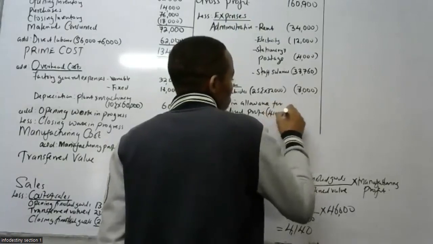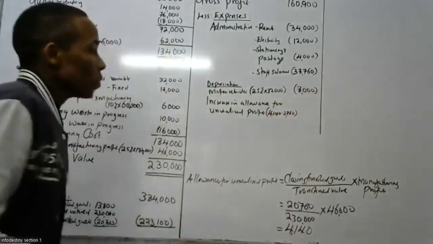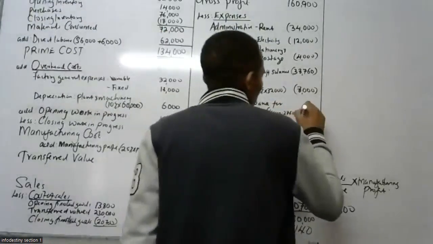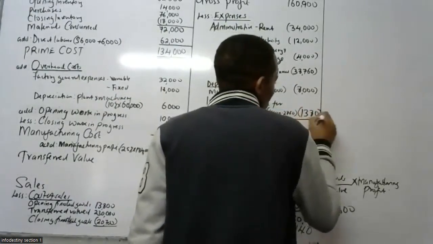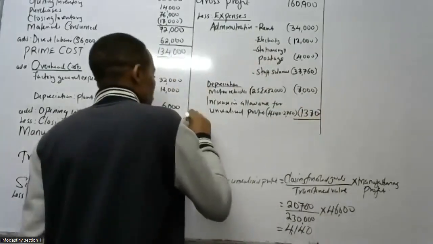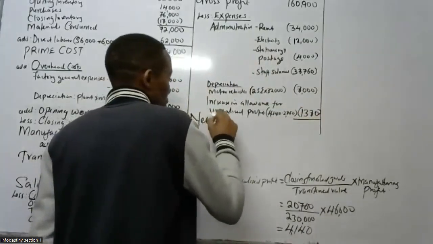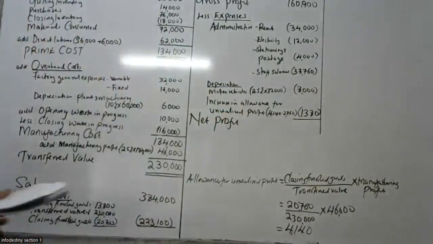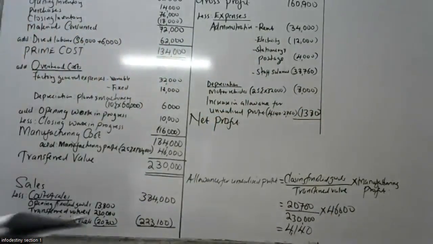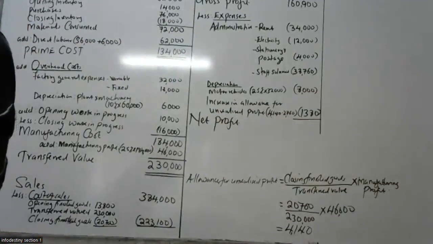It will give us an amount of 1,380. Then we can get the net profit.